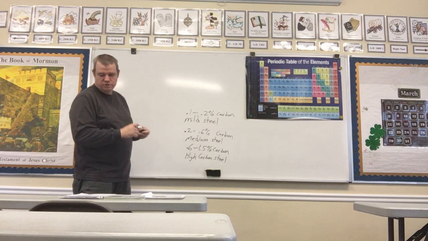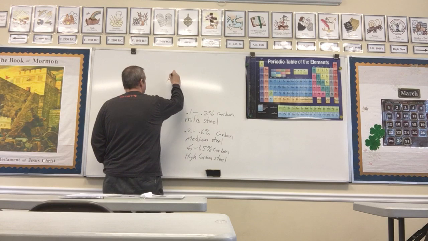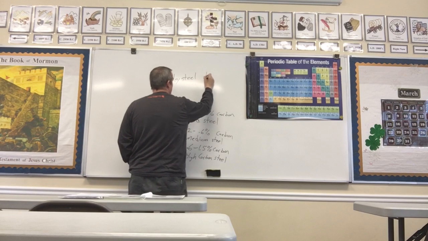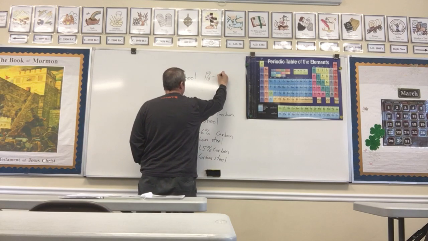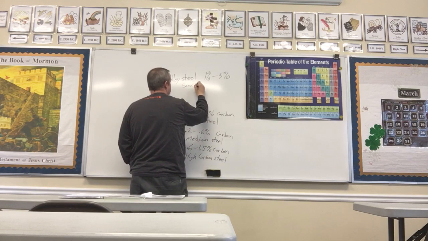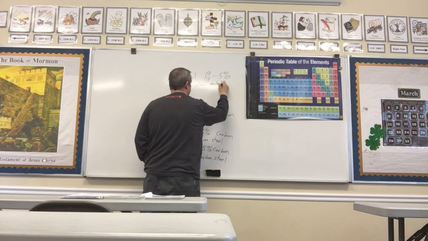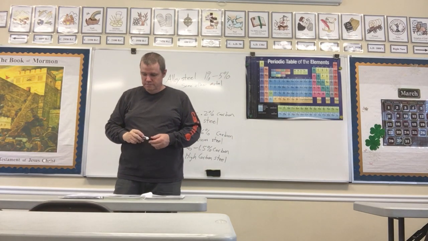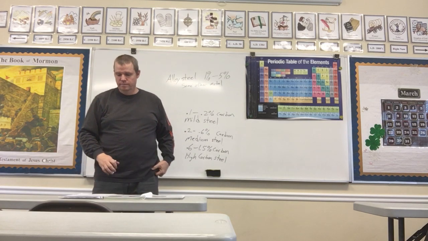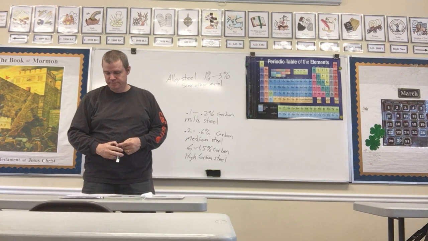And alloy steels usually have about 1% to 5% of some other metal. High percent alloys will sometimes be even more than 5% if it's considered a high alloy steel.